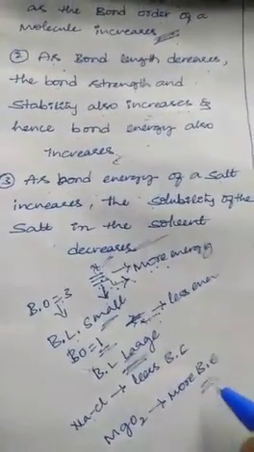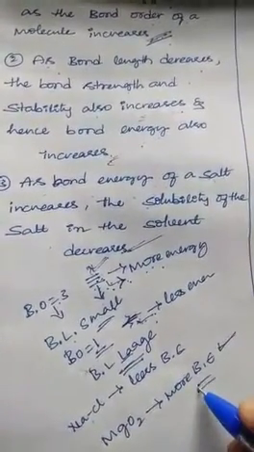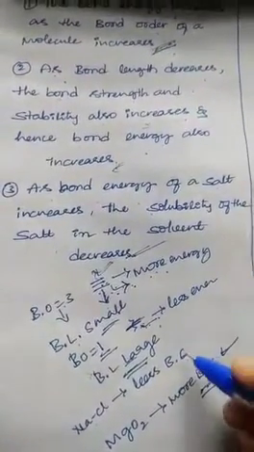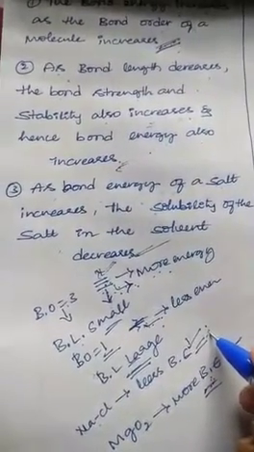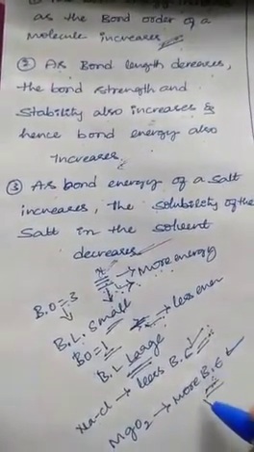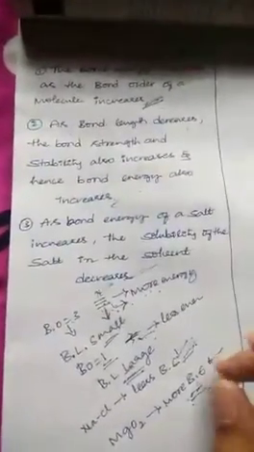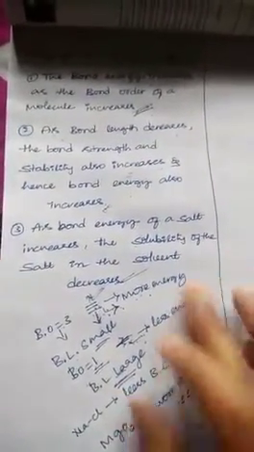So when bond energy of the salt increases, it is less soluble in the solvent when compared to NaCl. So NaCl is more soluble in the solvent because its bond energy is less when compared to magnesium oxide. This is all about bond energy.